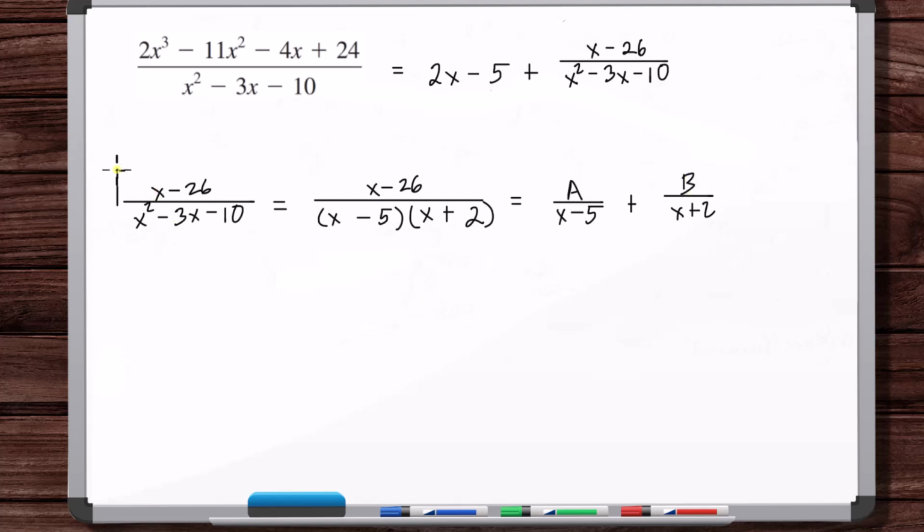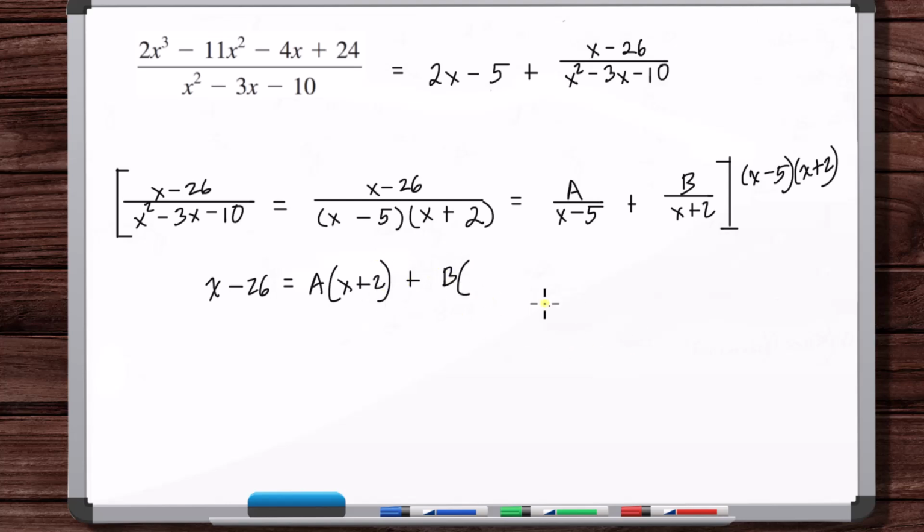Okay, now clear the fractions. Okay, so we've got x minus 26 is equal to a plus, okay. So we could just say, all right, x is equal to minus 2.